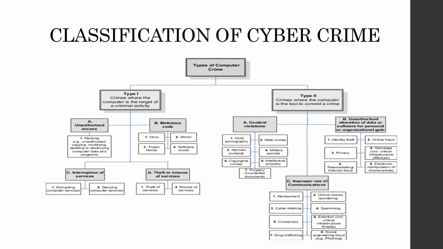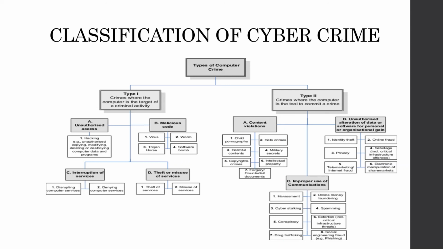Interruption of services, like suddenly disrupting computer services or denying computer services, theft of services, misuse of services. All these come under type 1 because the target of the criminal activity is a specific machine or computer. Now type 2 is where you use the computer to commit some crime.